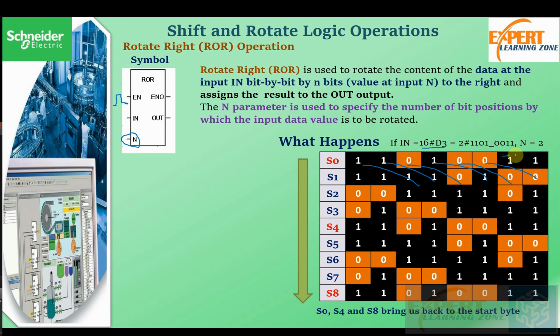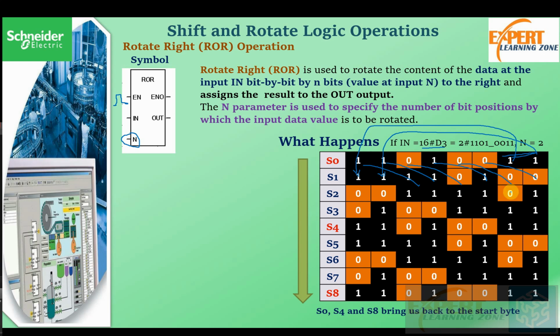And this data does not vanish, unlike the shift case where the data vanishes. Here this data does not vanish. This data now moves to this position, and this data shifted 2 places is going to be at this position. So we have this constant plowback.